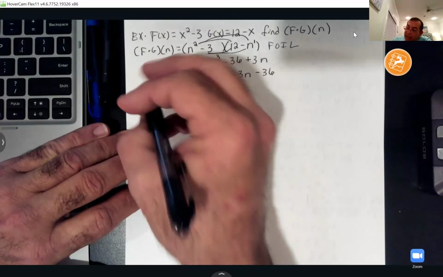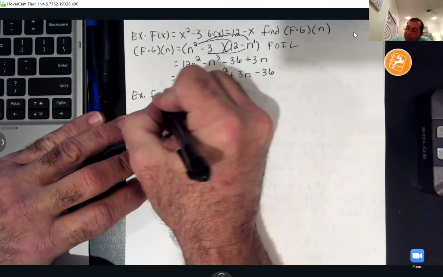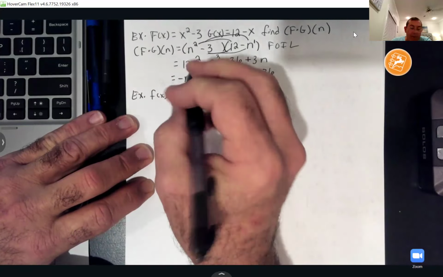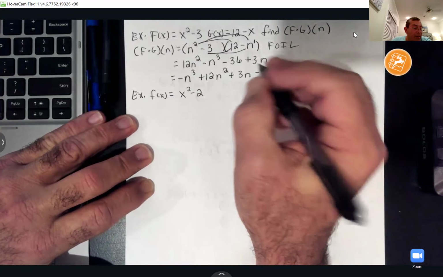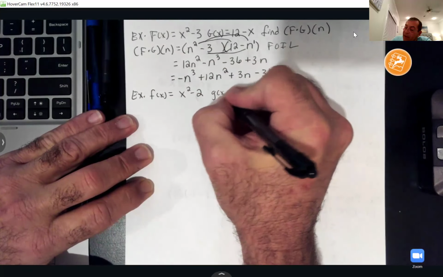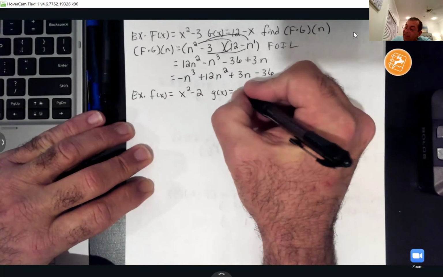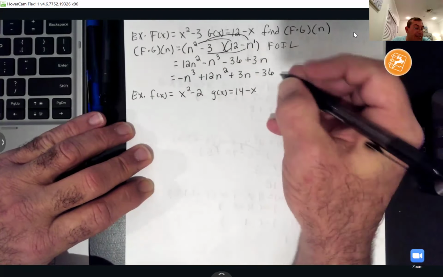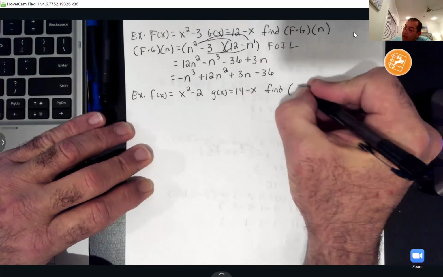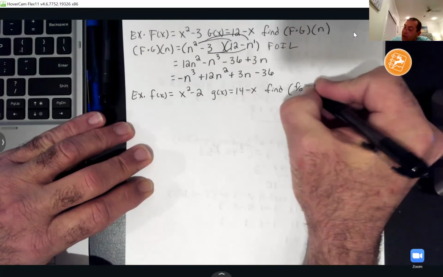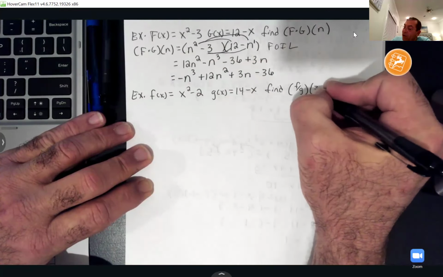All righty, y'all. Looks like they got one more doing numbers, and then we get to play with some domain. So f of x is x squared minus 2. G of x is 14 minus x. They want us to find f divided by g of 3.